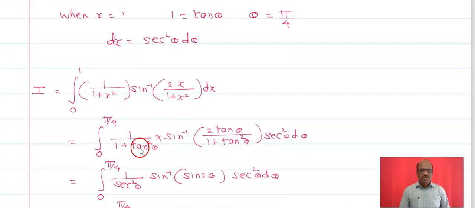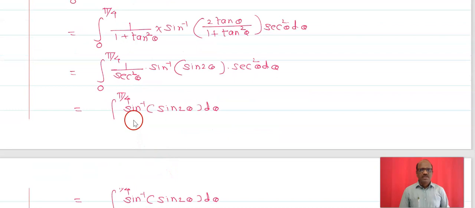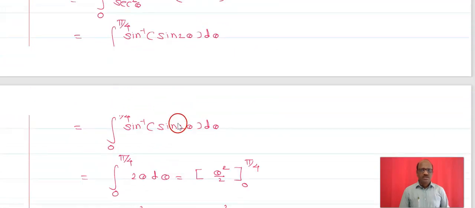Therefore, 1 upon 1 plus tan square theta is 1 upon sec square theta, into sine inverse of 2 tan theta upon 1 plus tan square theta, that is sine of 2 theta, into sec square theta d theta. This sec square theta gets cancelled, and you will get sine inverse of sine of 2 theta, that is equal to the integral from 0 to pi by 4 of 2 theta d theta.